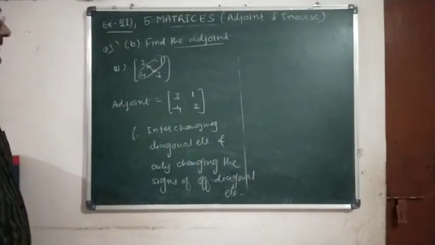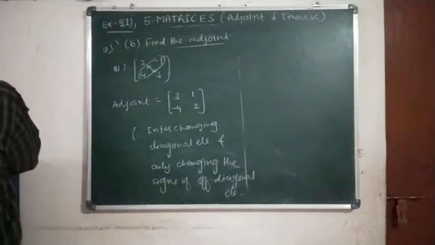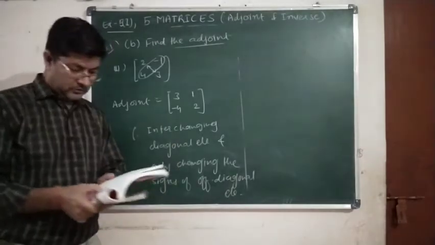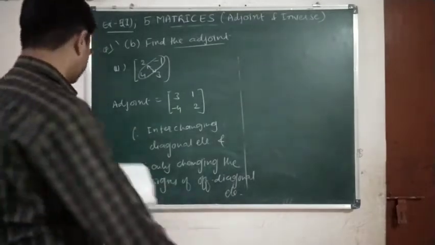Clear? So this way you can directly write down the adjoint of a 2 by 2 matrix. Now let us solve question number 2. Here we have to find the adjoint of a 3 by 3 matrix.